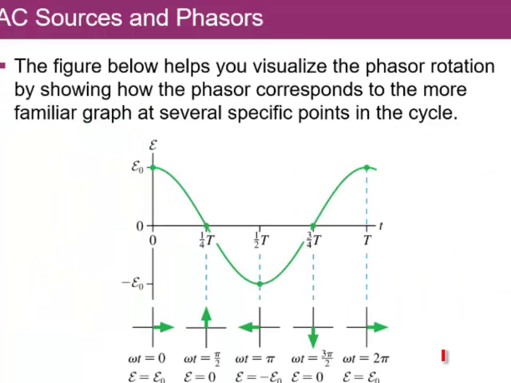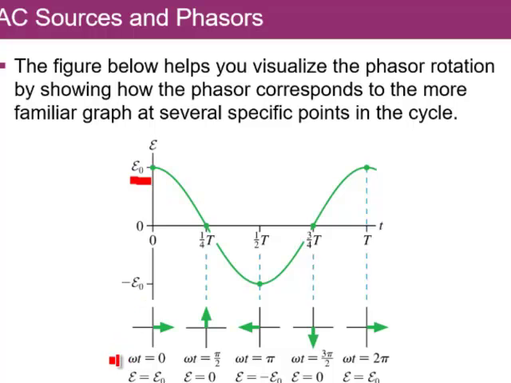All right, so then if we look at the EMF changing over one period, let's say, and we look at the phasor corresponding to the value of the EMF. At time 0, the EMF is at its peak value, E naught, and remember the phasor is a projection on the horizontal axis, so it's E naught times cosine omega t.